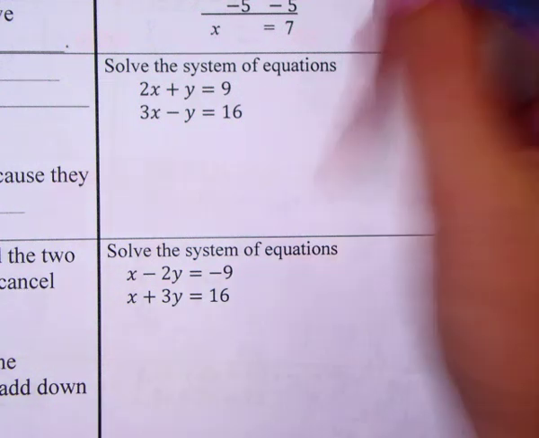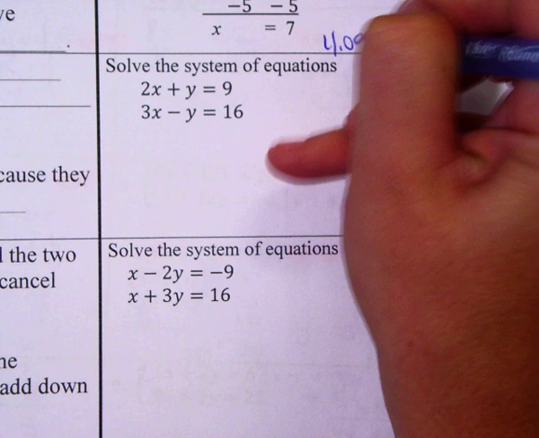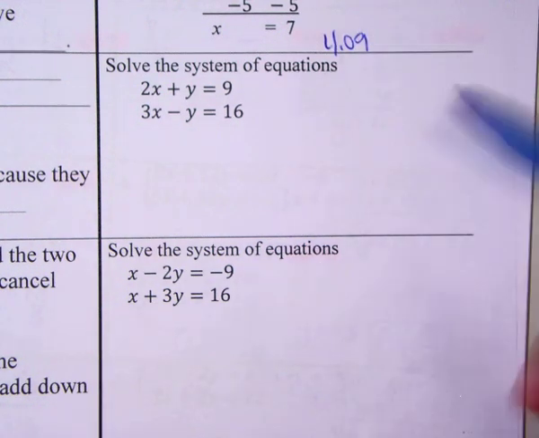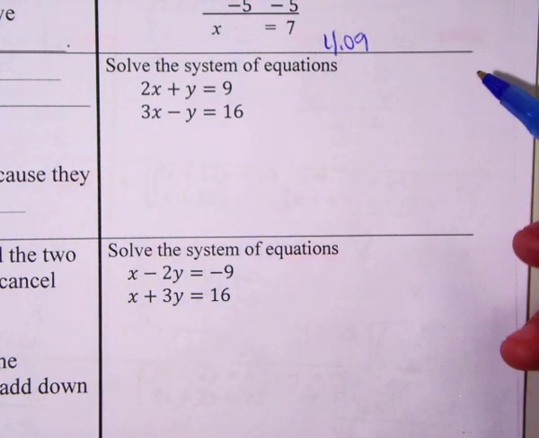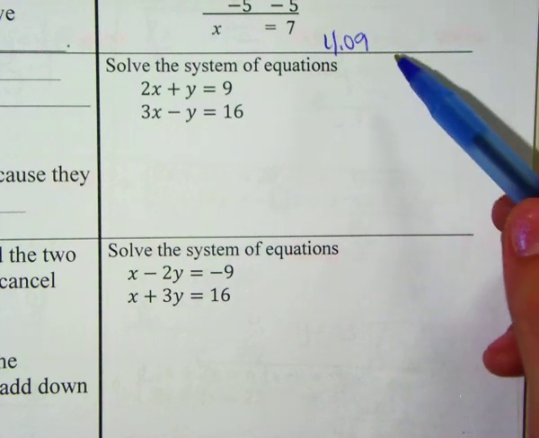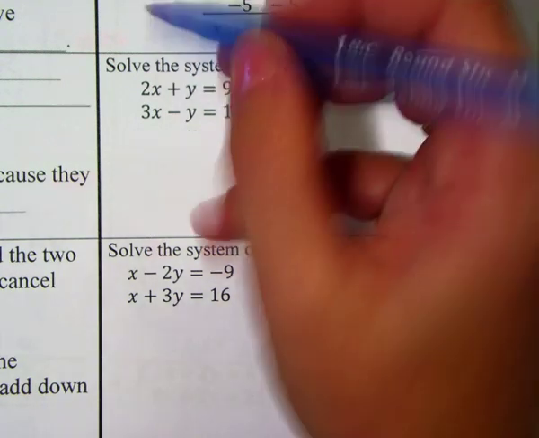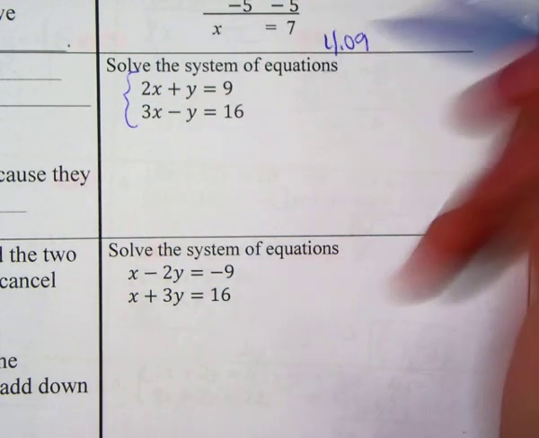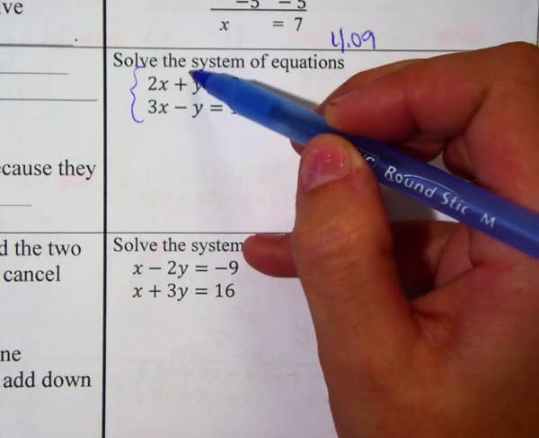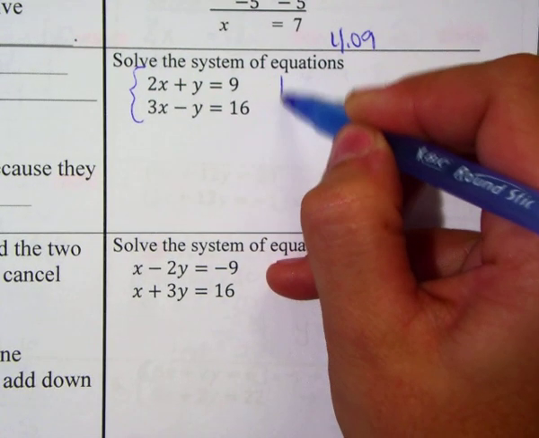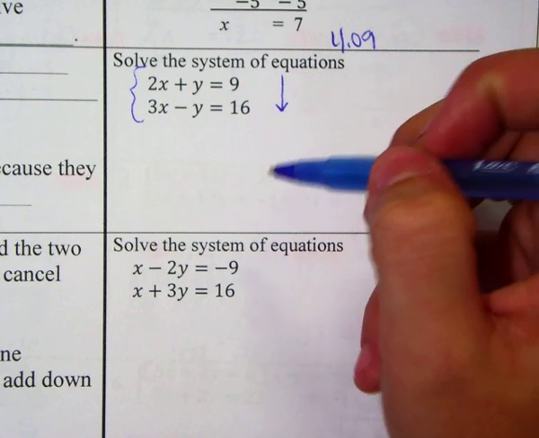Okay, this is lesson 4.9, which is elimination, and I'm just going to do the right-hand column of the presentation. To solve a system of equations using elimination, we want to look for two variables that, if I were to just add them straight down, would cancel out.